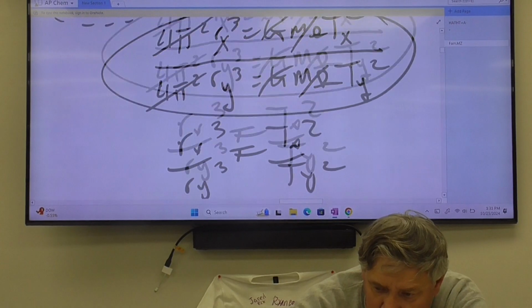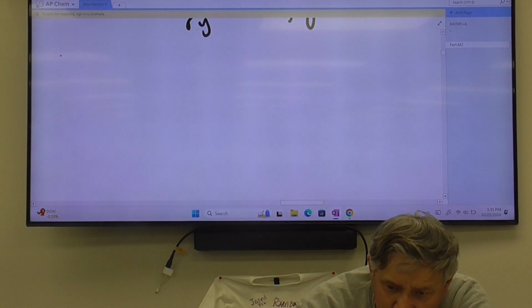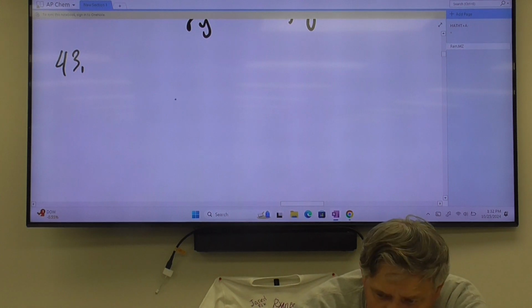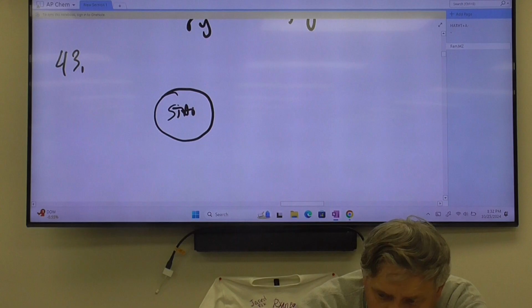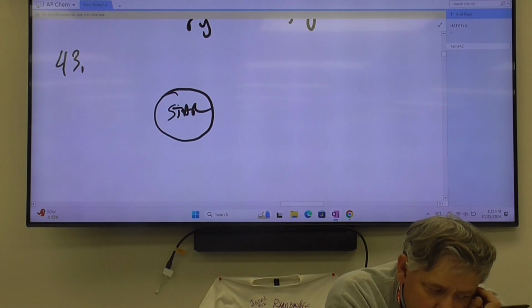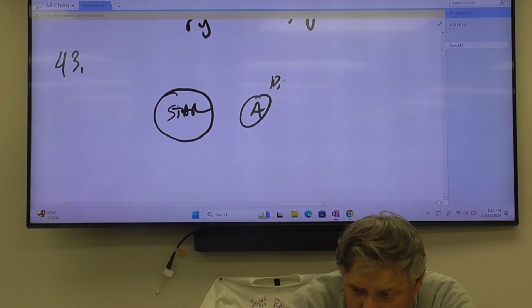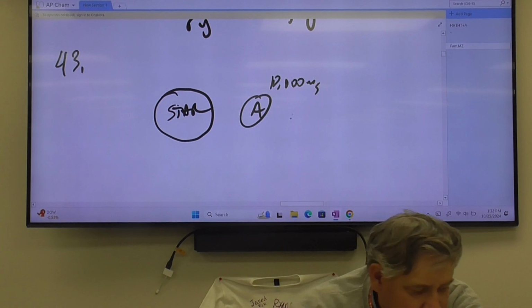The next problem there. So let me give you this visual on 43. Here's a star, and you've got satellite A, here's A, and it's moving at 10,000 meters per second.